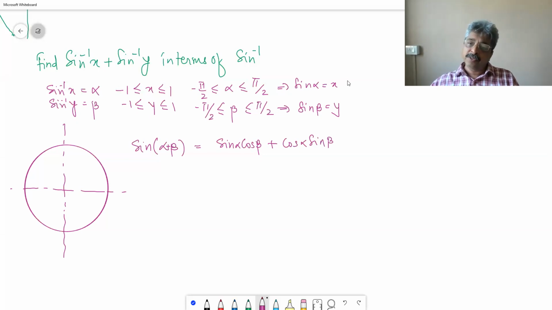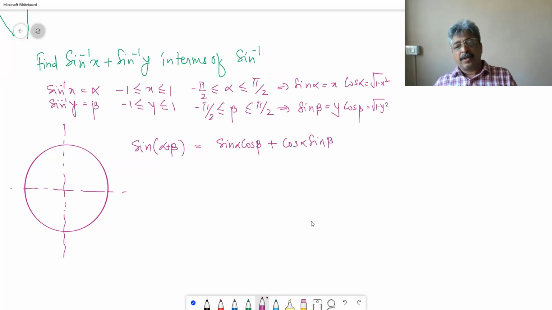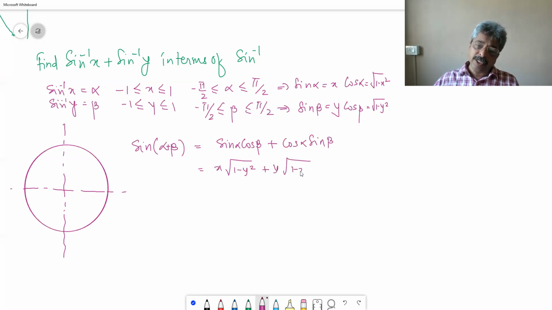And therefore cos alpha is equal to radical 1 minus x square, and cos beta is equal to radical 1 minus y square, correct? Therefore sine of alpha plus beta, what we are interested in, is x radical 1 minus y square plus y radical 1 minus x square.